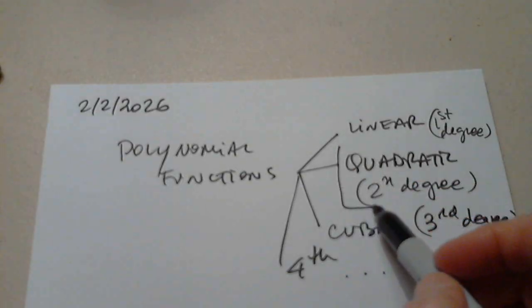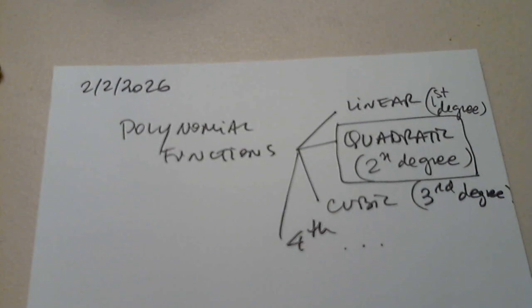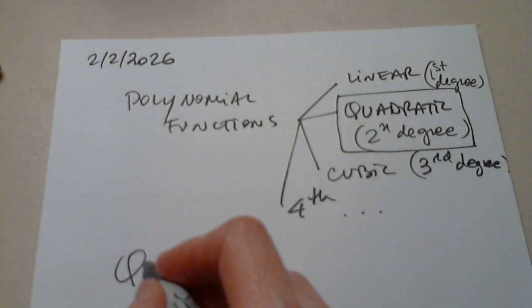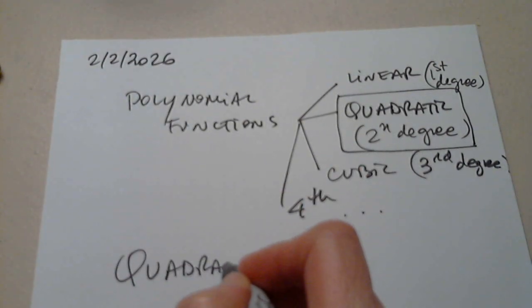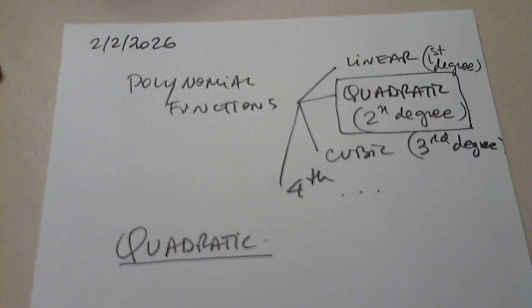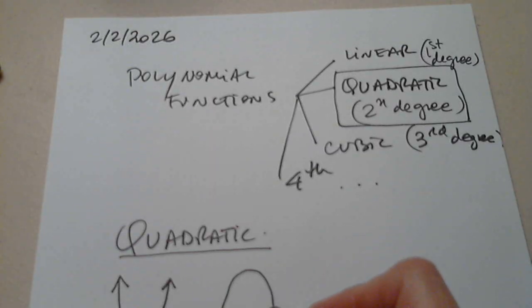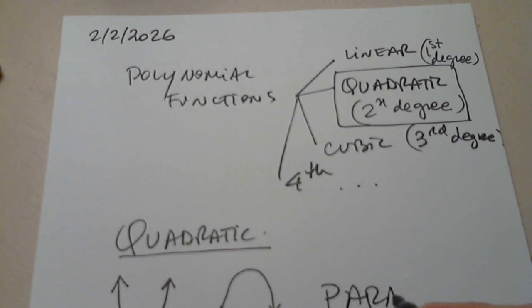I just wanted to emphasize the characteristics of the quadratic function. Again, this is algebra, a refresher for you. Even if it's not, I'm going to talk about it anyway. A quadratic function looks like this, or like this. The graph is called a parabola.